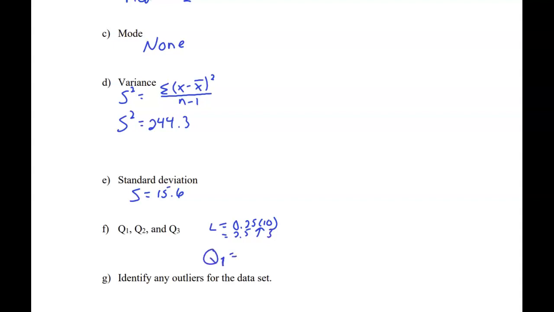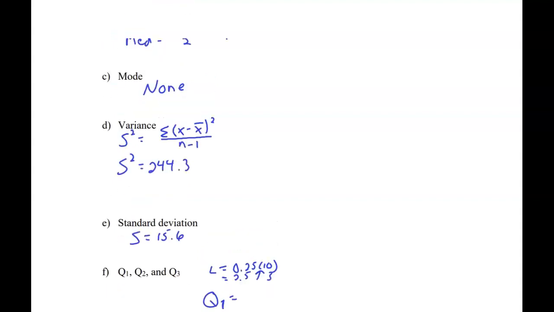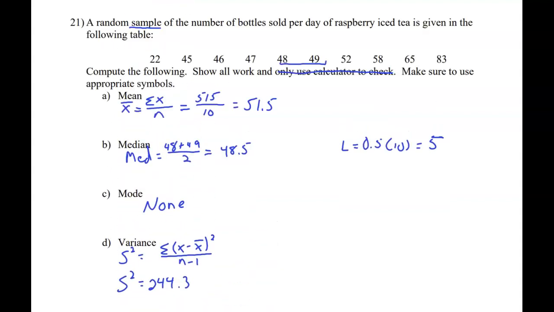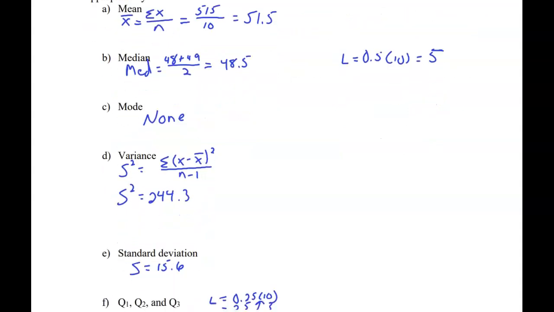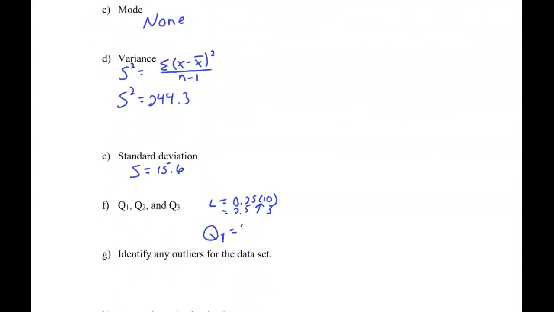So Q1 will be at position 3. So the number in position 3 is 46. So my Q1 is 46. Q2, which is also the median, we had already found at 48.5.